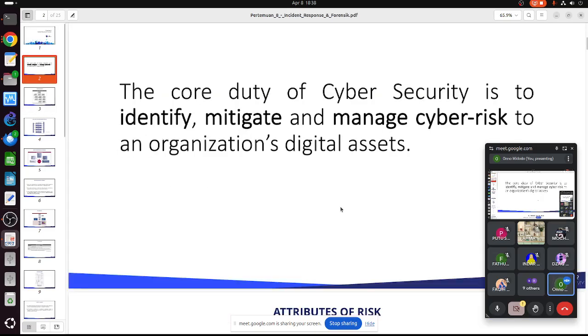Now, the core duty of cybersecurity is to identify, mitigate, and manage cyber risk to the organization's digital assets. So we need to understand that the duty of cybersecurity is this: identify, mitigate, manage cyber risk. Sometimes when managing cyber risk, we need to accept the risk.